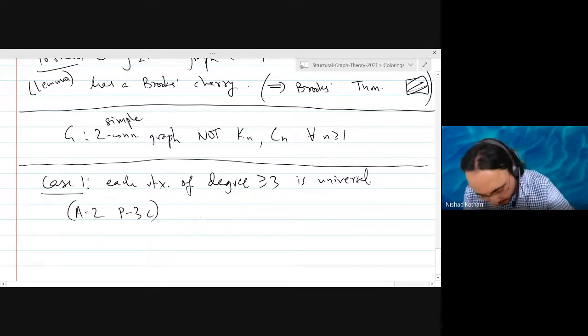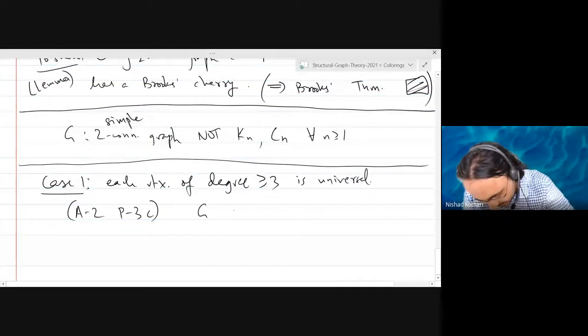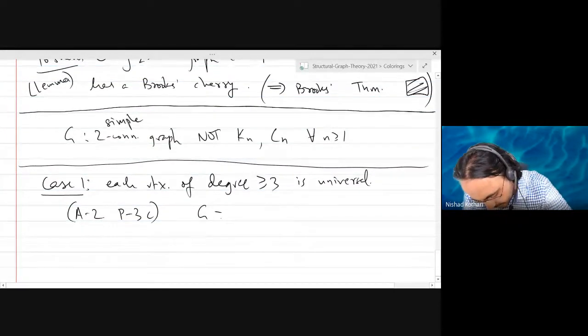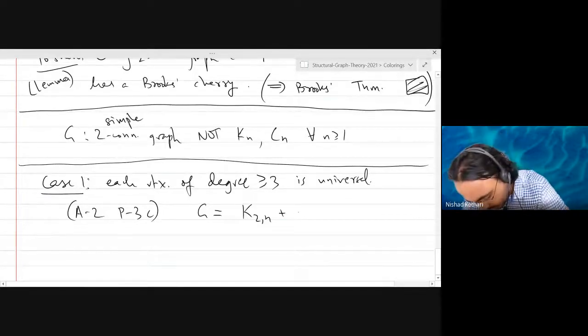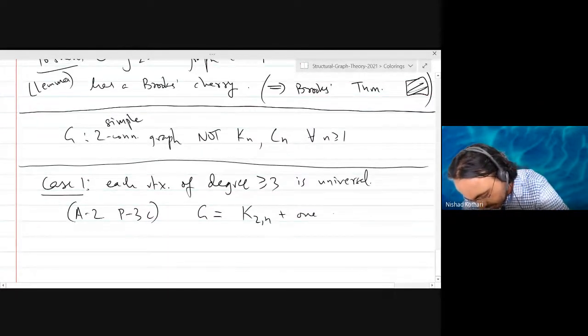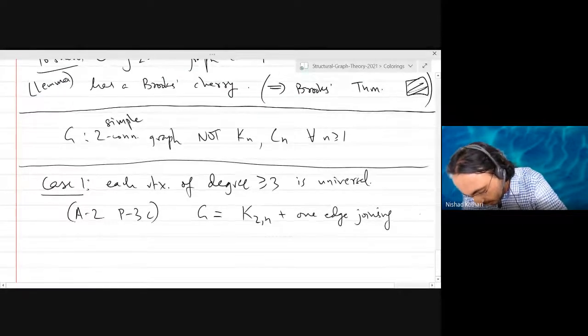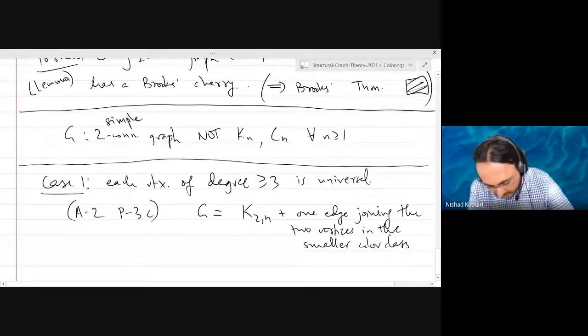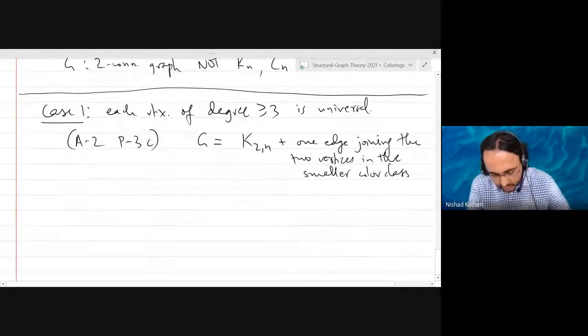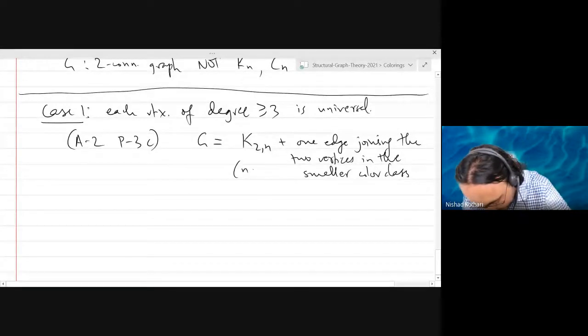The third possibility you got is like this. It is a K_{2,n} plus one edge joining the two vertices in the smaller color class. I'll explain what this means. Let's look at n at least 2.